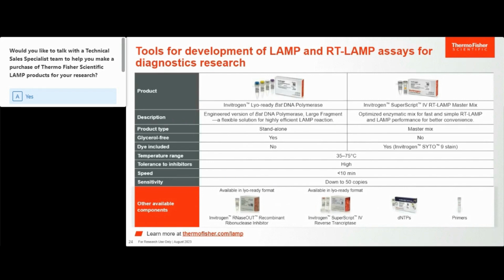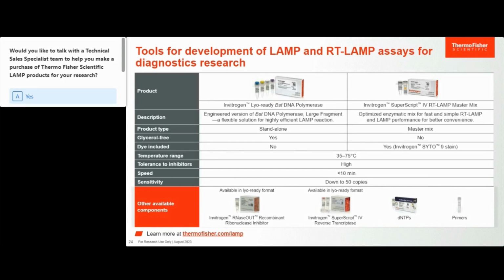Thermo Fisher Scientific provides several products for LAMP technology, including standalone engineered BST DNA polymerase that is glycerol-free, and also SuperScript IV RT-LAMP master mix that has all required components for LAMP or RT-LAMP reaction in one tube, which ensures better convenience. The master mix has the same engineered BST DNA polymerase, SuperScript IV reverse transcriptase, and Cytonine dye included in the package for real-time detection.